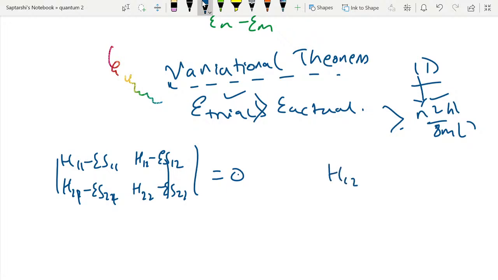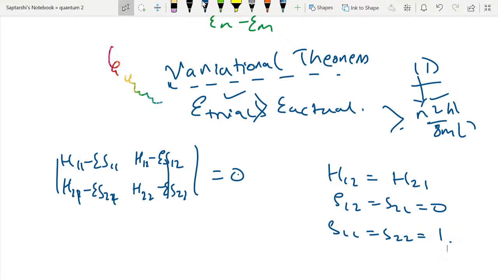Normally your h12 equals your h21, s12 equals s21 equals 0, and s11 equals s22 equals 1. Now having said all these things, let us see what the question was saying.